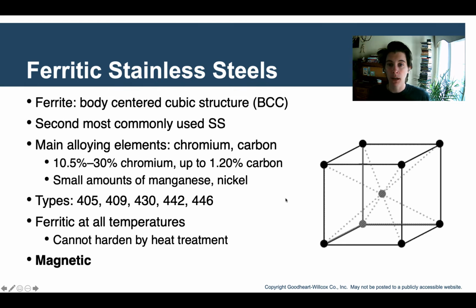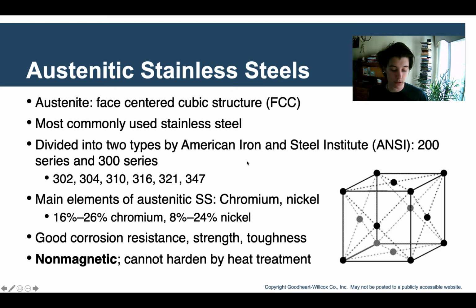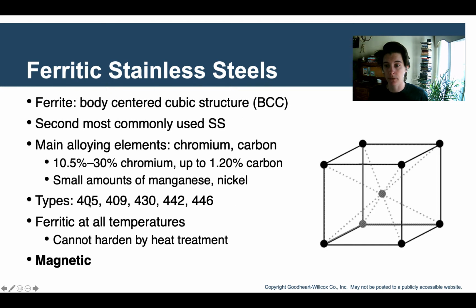The main alloying elements are chromium and carbon, with small amounts of manganese and nickel. And the main types are 405, 409, 430, etc. So the 400 series is usually going to be a ferritic stainless steel. Sometimes there are differences in there, but 200 and 300 series are austenitic, 400 is ferritic.